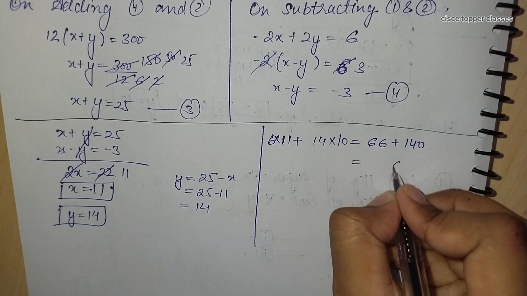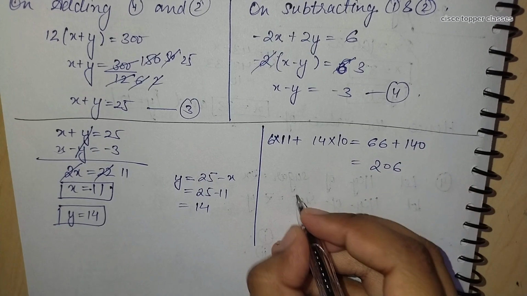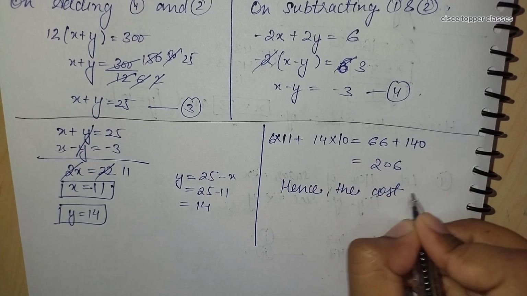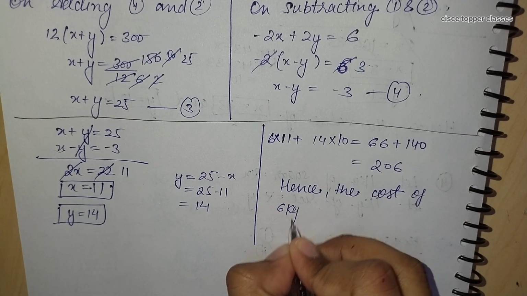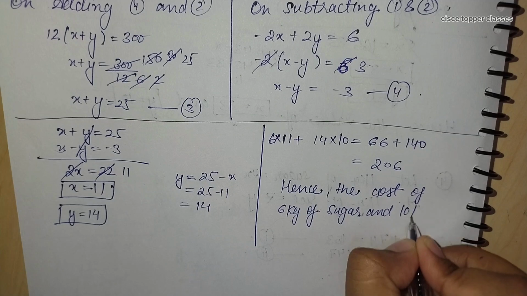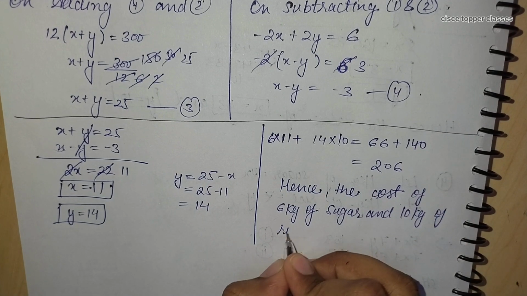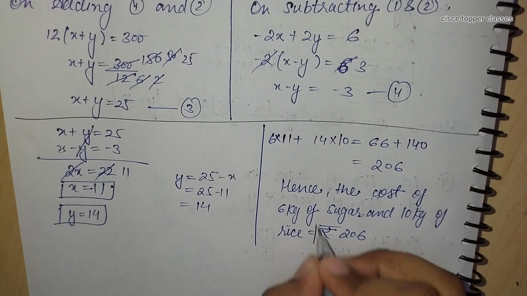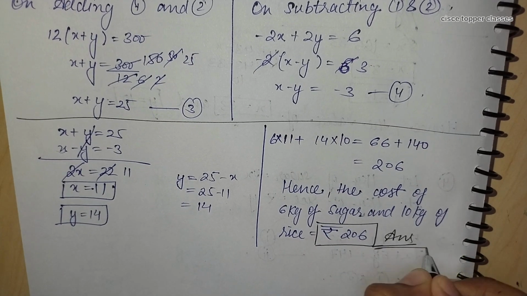On adding, we will get 206. Hence, the cost of 6 kg of sugar and 10 kg of rice is rupees 206, the final answer in this question.